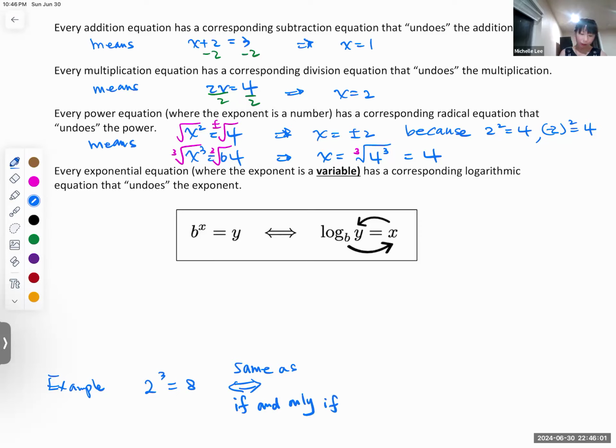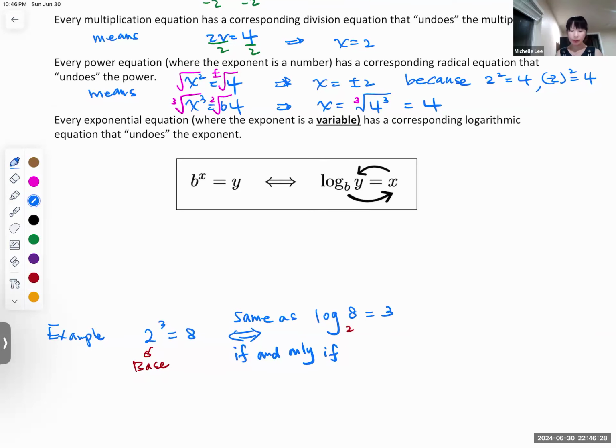Okay, then we have log base. This is a base, right? We learned before, this is a base. So this is a base, and the power will be on the other side. Then the answer will be here. Do you understand what I'm saying?